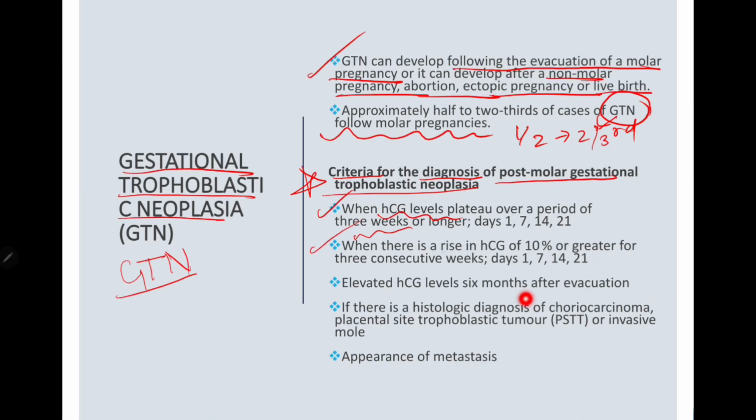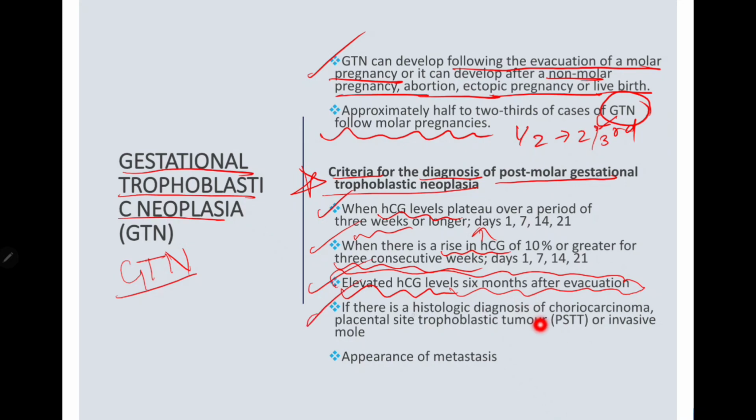Second, when there is a rise in HCG of 10% or greater for 3 consecutive weeks, days 1, 7, 14 and 21. Third, there is elevated HCG level 6 months after evacuation, then we need to diagnose post-molar GTN.